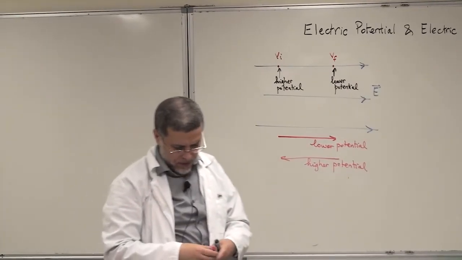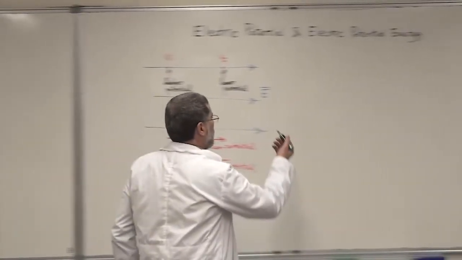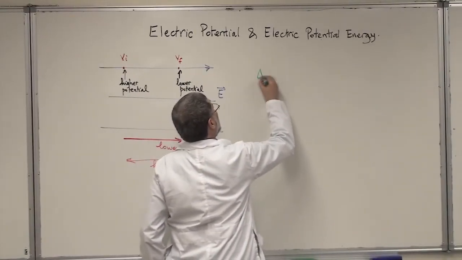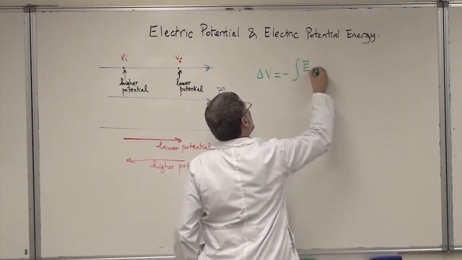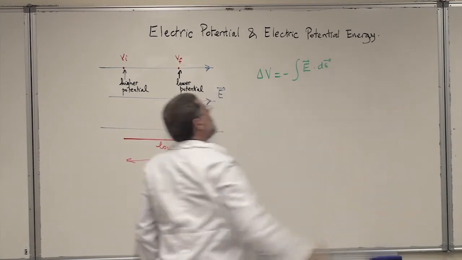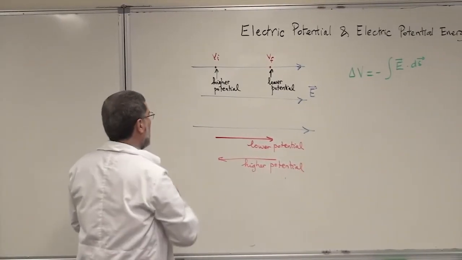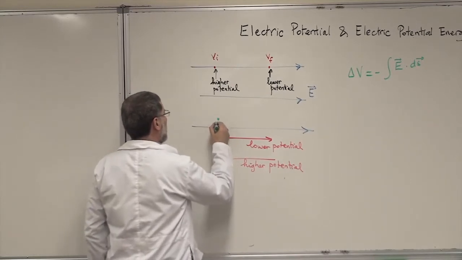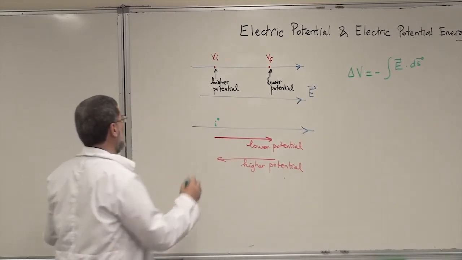Now, let's go to this important equation that we have seen before. It says that delta V equals minus the integral of E dot ds. Let us move from this point, I. There's no charge there.